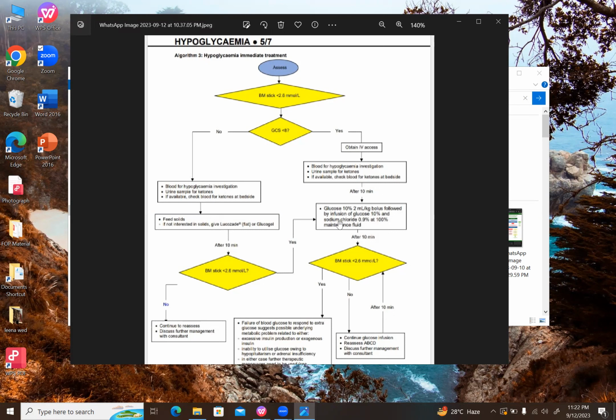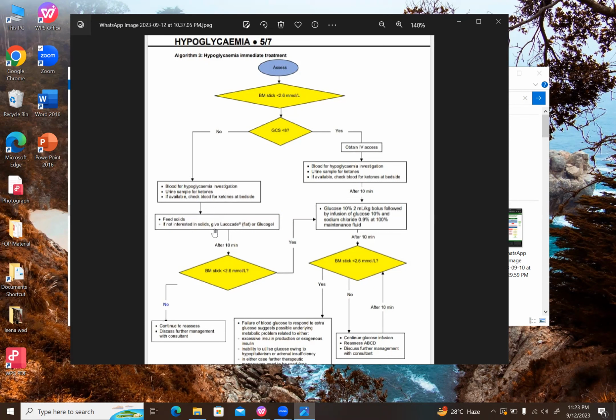Sodium enhances the absorption of glucose. When given together, they enhance the absorption of each other. And if GCS is more than 8, then you have to investigate for the cause and feed the solids. Always go for the solids first.